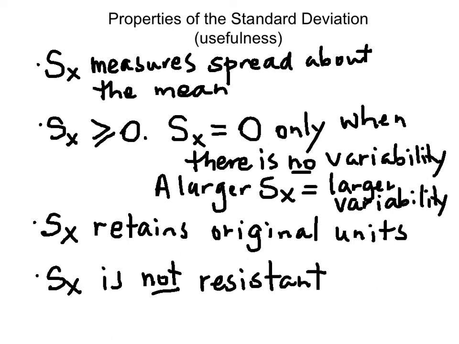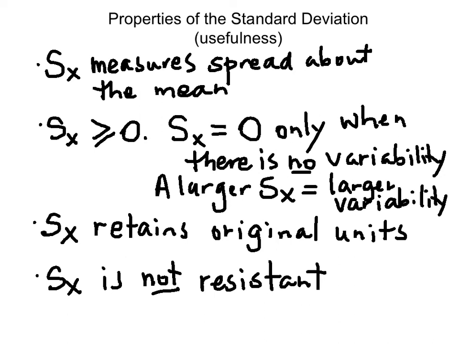Okay, just a few things about the properties of standard deviation, meaning its usefulness. The standard deviation measures spread about the mean and should only be used when the mean is chosen as the measure of center. Standard deviation and mean kind of go hand in hand. If you're talking about the mean, you're probably going to talk about the standard deviation.